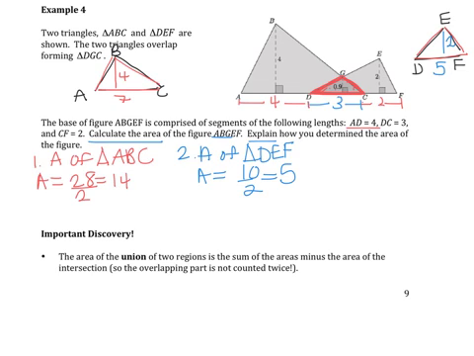And then for the third step, I'm going to find the area of triangle DGC. So that's 0.9 times 3 divided in half, which gives us 1.35.